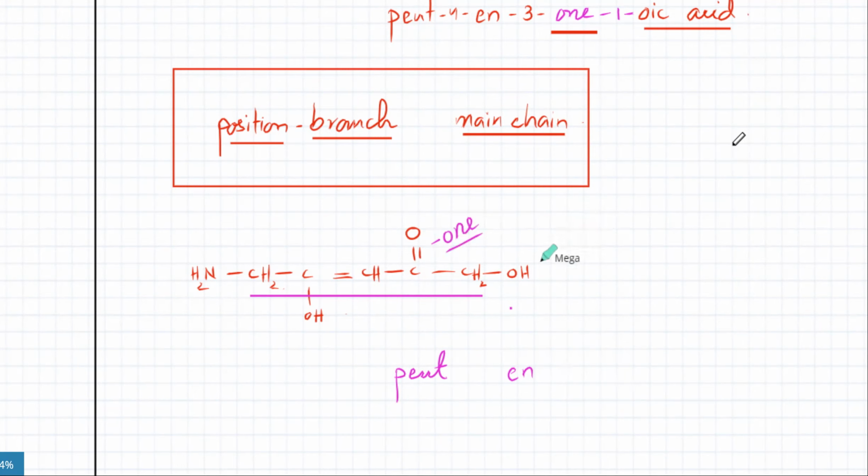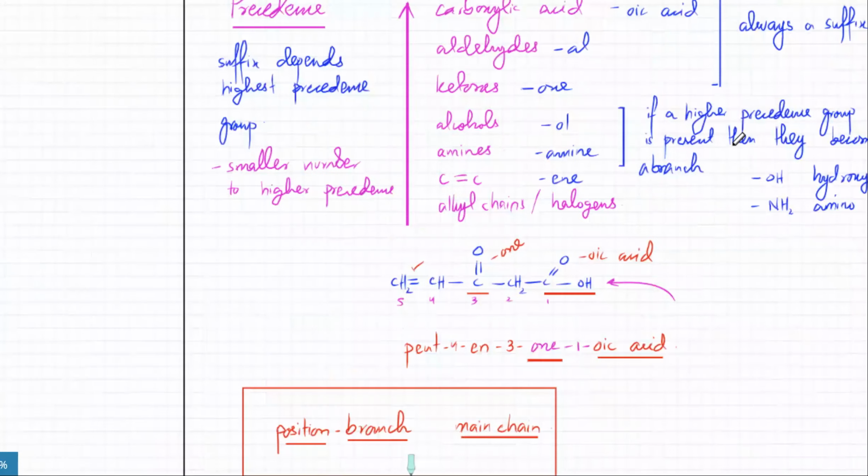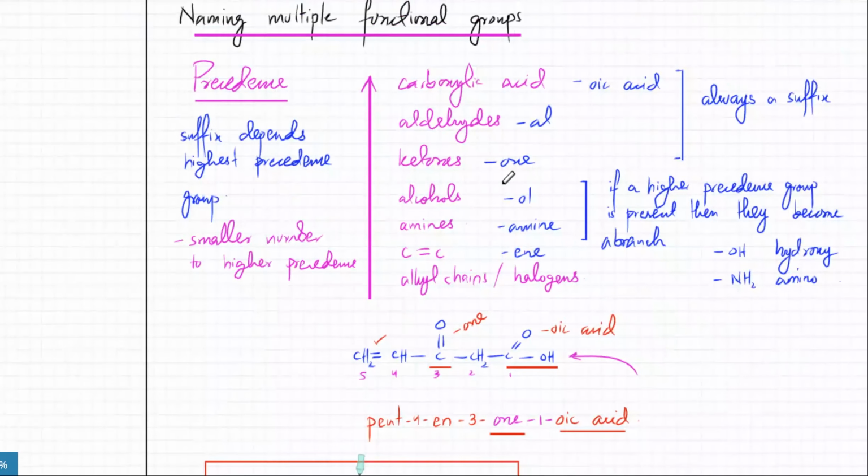It's got an alcohol, the suffix should be -ol. It's got an amine as well, so the suffix for an amine should be -amine. So it's got 3 suffixes, but which one is the most important one? Based on ketones, alcohols, and amines, it's ketones that's the more important one. That's got a higher precedence. Is that part clear?